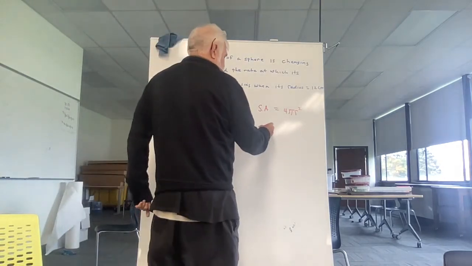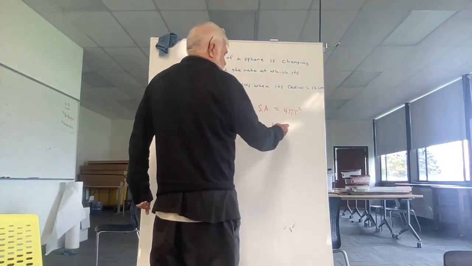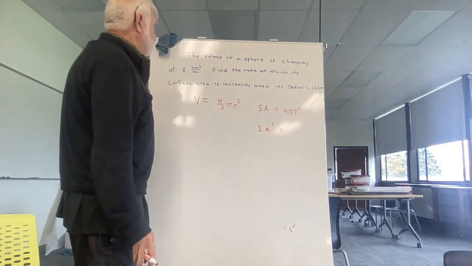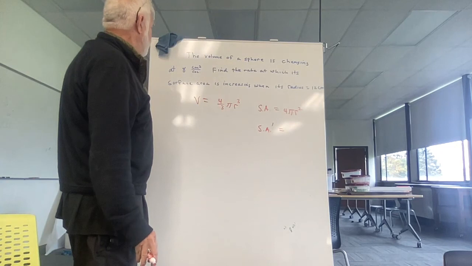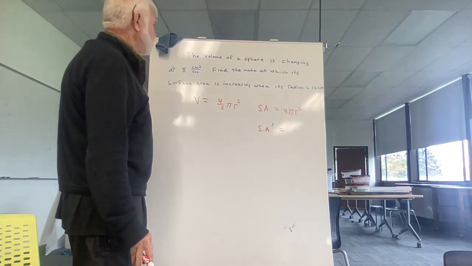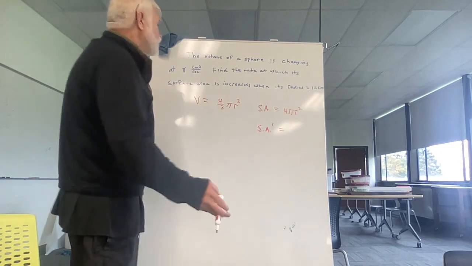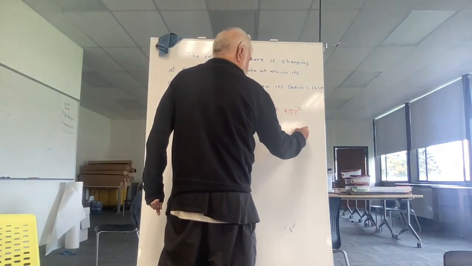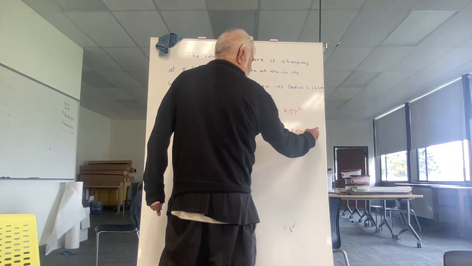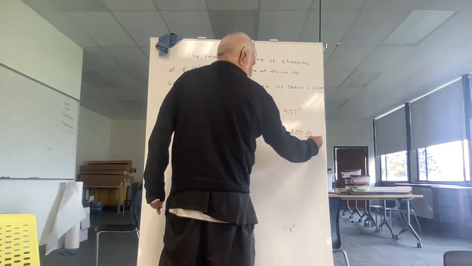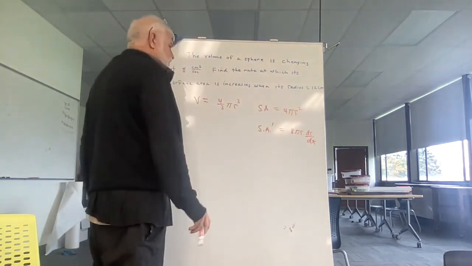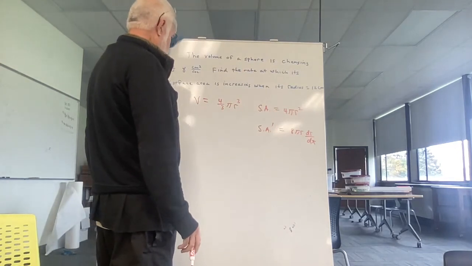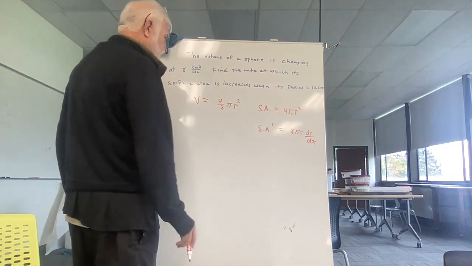We take the derivative of this, which is 8 pi r, and there's a dr here with a dt. That's the 8 pi r dr/dt.